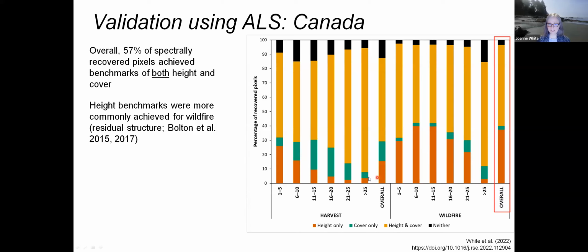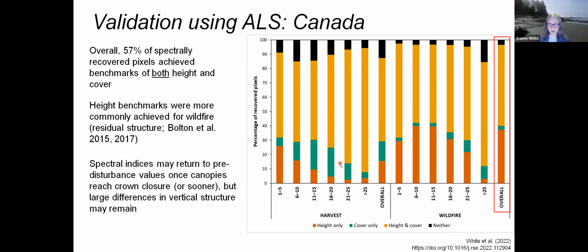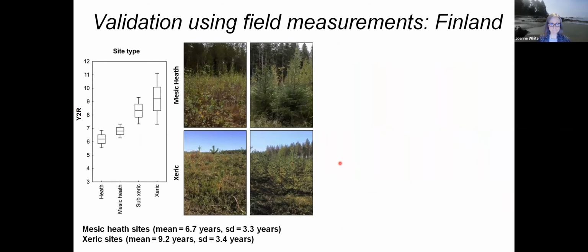And we see for harvesting as well that metrics of cover were much more commonly achieved than in areas of wildfire. It's important to note that these spectral indices we're using to measure recovery may return to pre-disturbance values once the canopies reach crown closure or sooner, but there still may be large differences in vertical structure, which is why it's really useful to include metrics of both height and cover for these assessments.